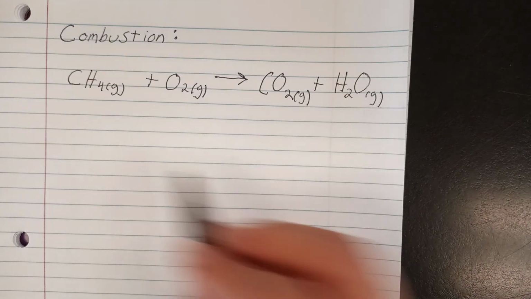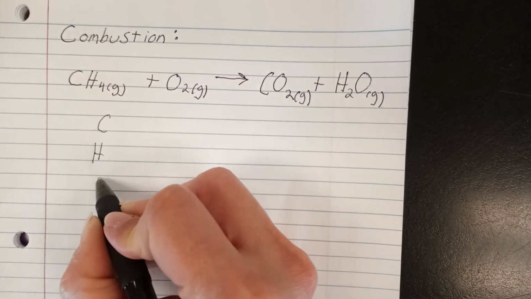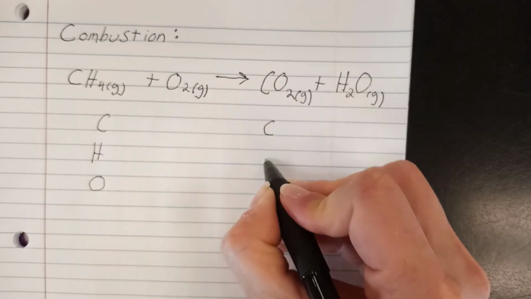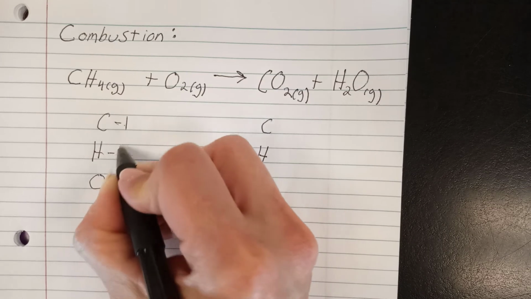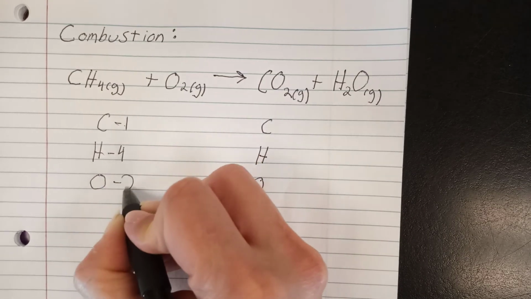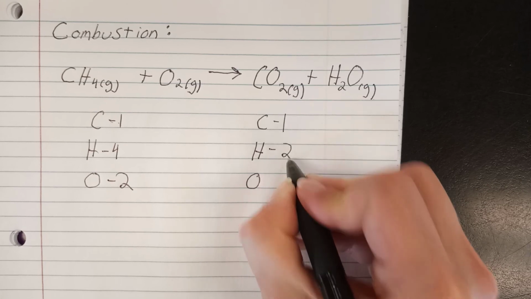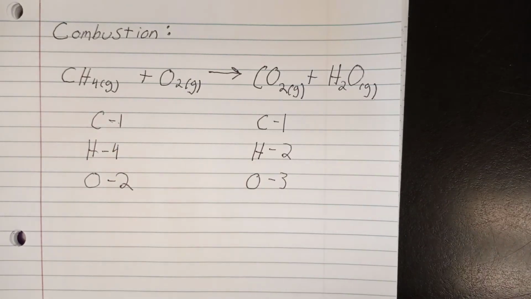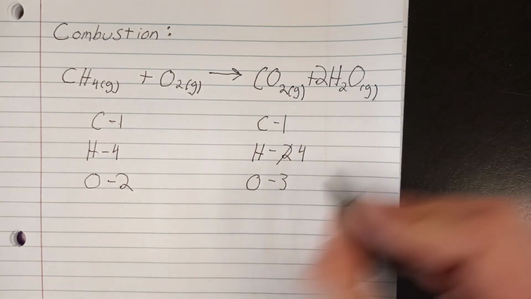And again, we can balance. We'll do this the long way. This isn't hard, but just so you can see. There's 1 carbon, 4 hydrogen, 2 oxygen. I have 1 carbon here, 2 hydrogen, 3 oxygen. I'll need 2 water molecules. That makes this a 4.